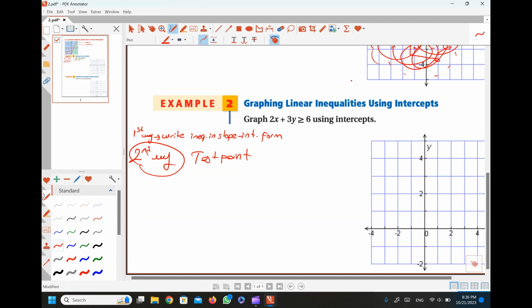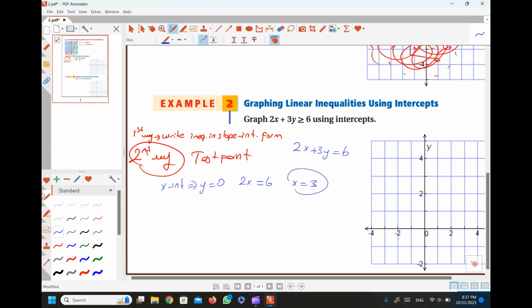So first, let's find intercepts. What is your x-intercept? Your x-intercept is when your y is 0. So when your y is 0, 2x is equal to 6. You pretend that this inequality is an equation so that you can find your intercepts. 2x plus 3y is 6, so 2x is 6, then x is equal to 3.